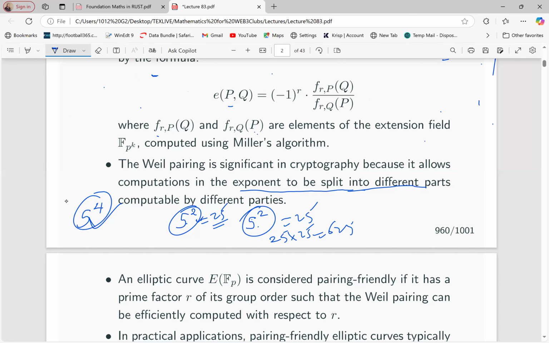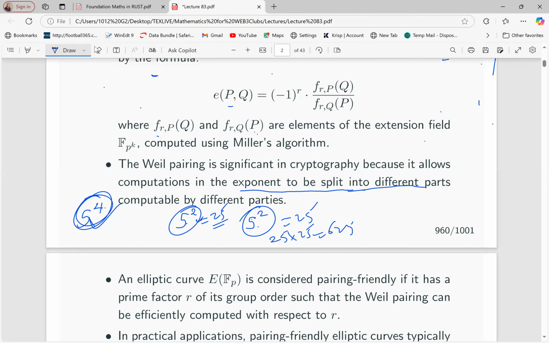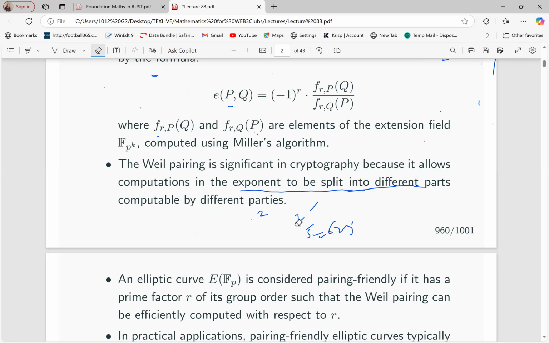So it will be the same result, but if this number is huge, doing this directly will involve a lot of computation. To ease that, you can split, and that will ease the computations. So that is why it's very important, and that is why it works.